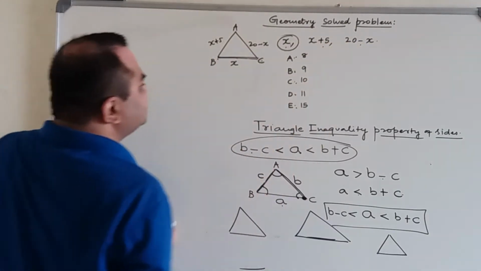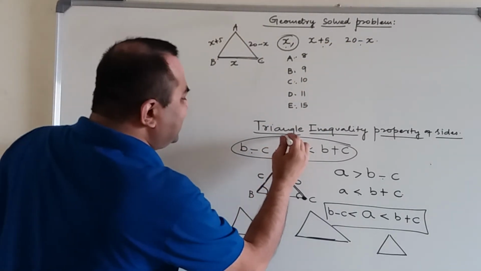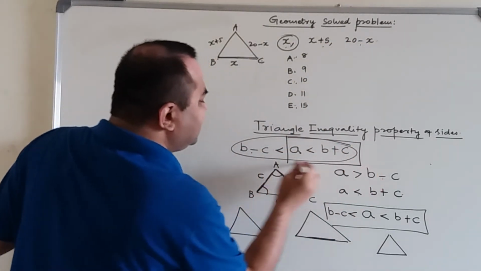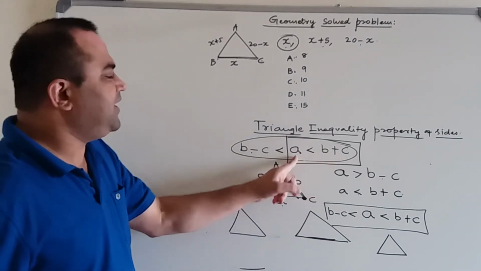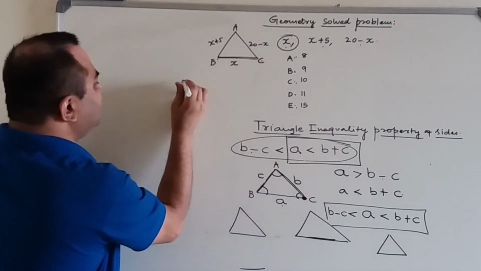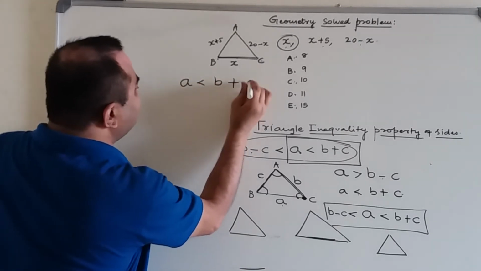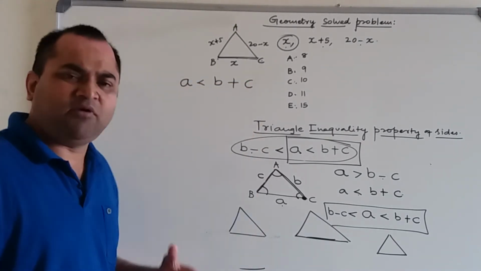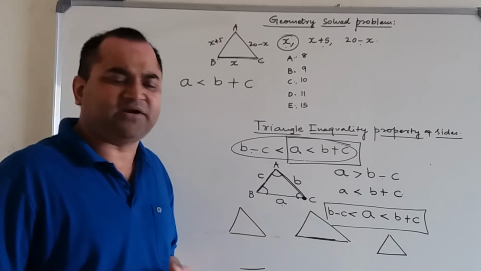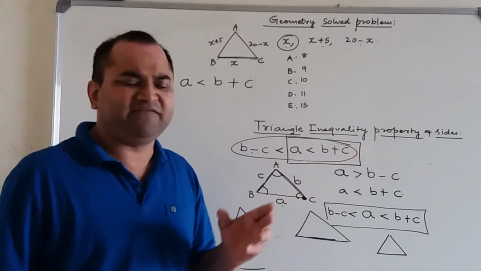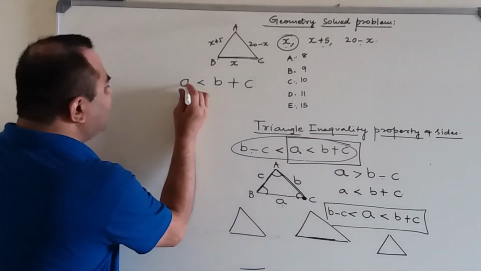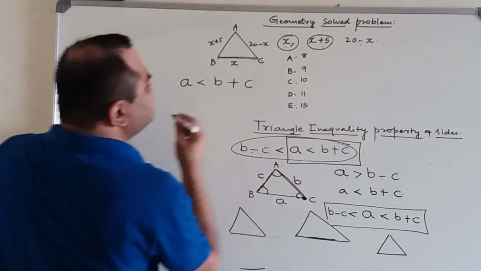Of the three conditions from the triangle inequality property, let us pick this part, a less than b plus c. That is, the length of any side in any triangle has to be less than the sum of the other two sides in the triangle, from this property, as you know. So for a, I will write x plus 5.